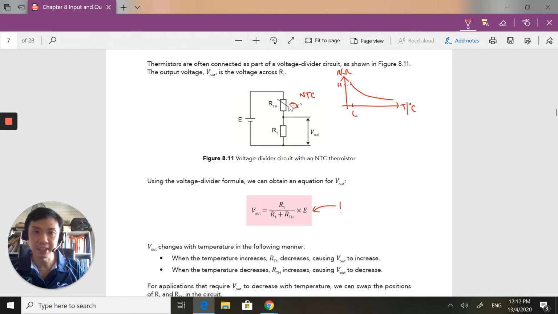If the resistance here is high, it means the potential difference here is high, and therefore V out is low. So the signal here will be a low signal. But what happens if I have a high temperature? If I have a high temperature, the resistance here will be low.